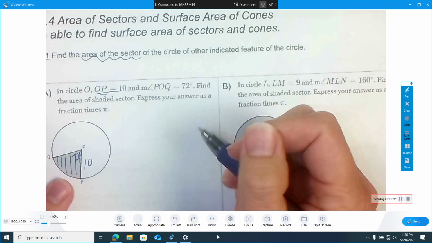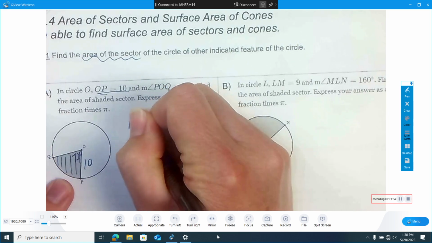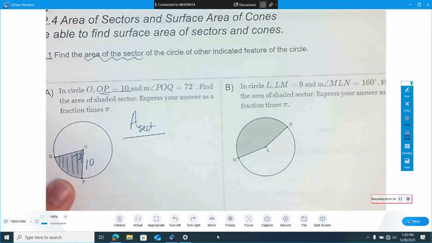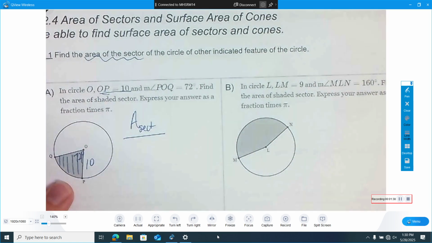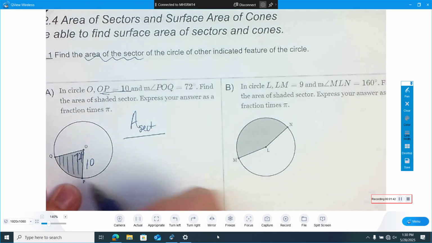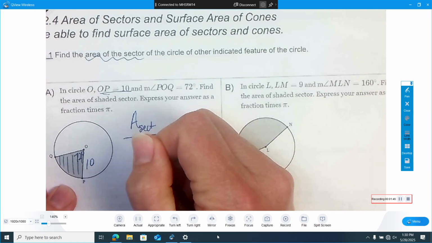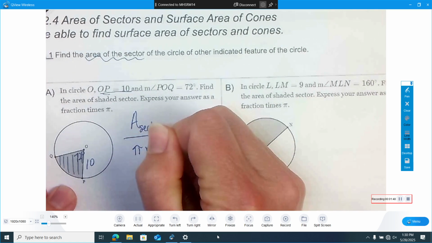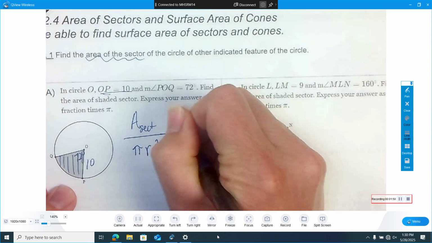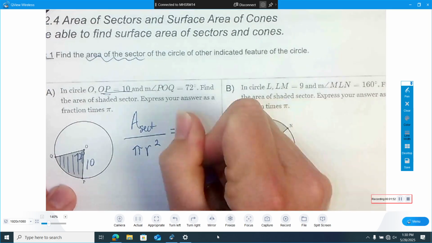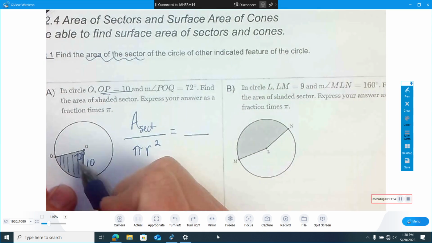So just like before, we want to find an area of a sector. Well, it's just a small part of the total area of the circle. What is the formula for the area of a circle? Area equals pi radius squared. Pi radius squared. Very good. And then they gave us degrees.